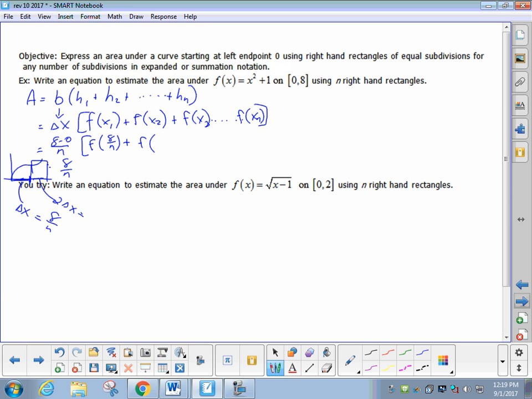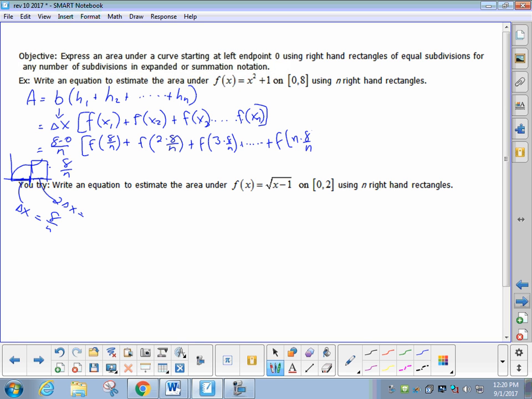16 over n. I'm going to start to try and find a pattern to this, so I'm going to call it 2 8 over n's. The next x at which I find a height would be the third 8 over n, dot dot dot, until the last. How many 8 over n's will there be? N. So what is the nth 8 over n? 8.